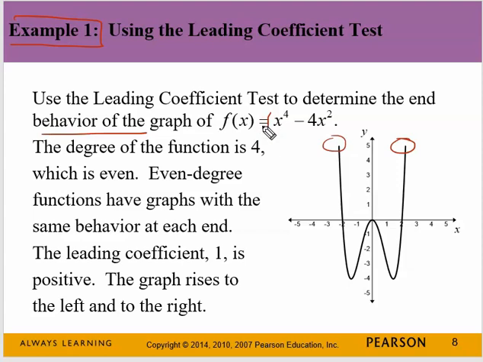We don't write it, and it's positive. And the function is to the 4th degree, as we see here. So what will this look like? Well, as we said, it's even, positive, so it's going to start high and end high. And that's what we see.